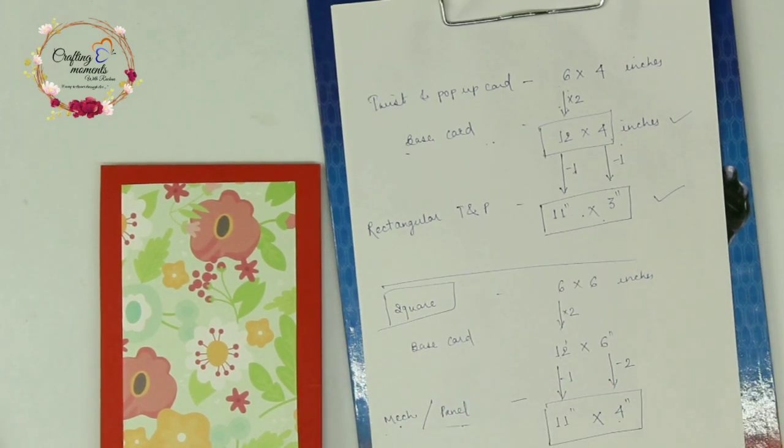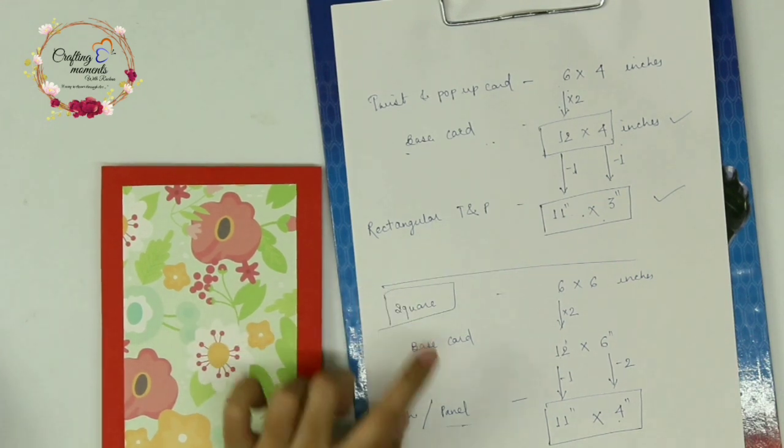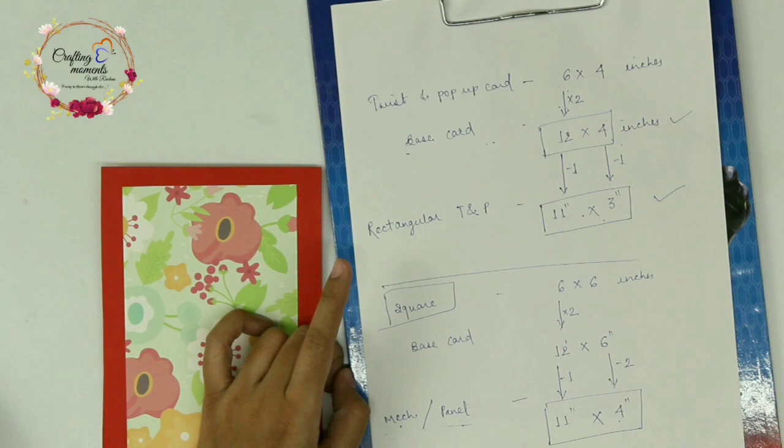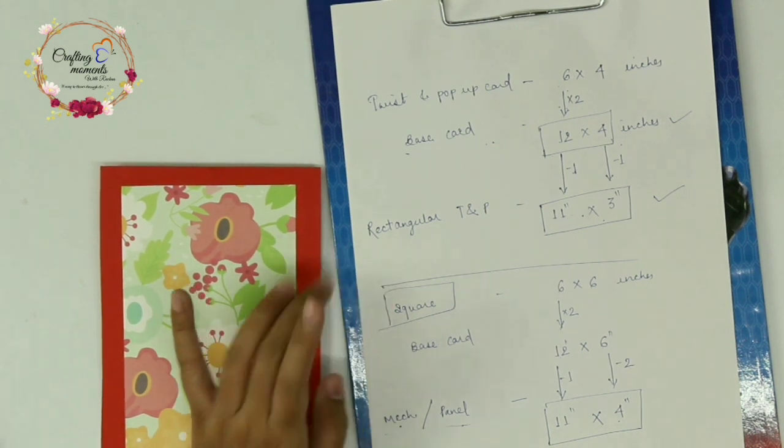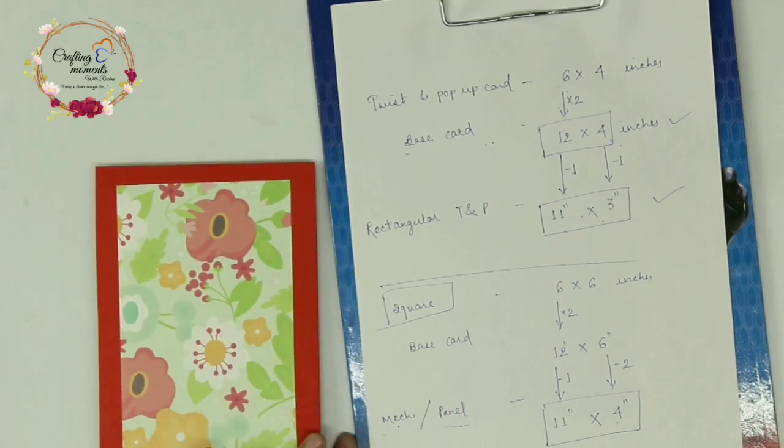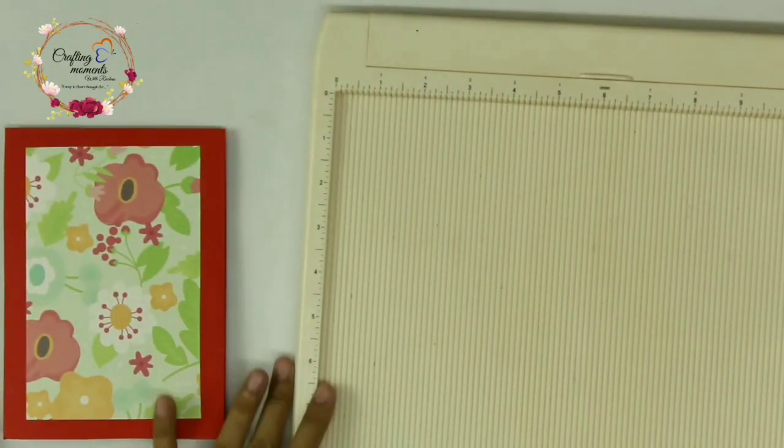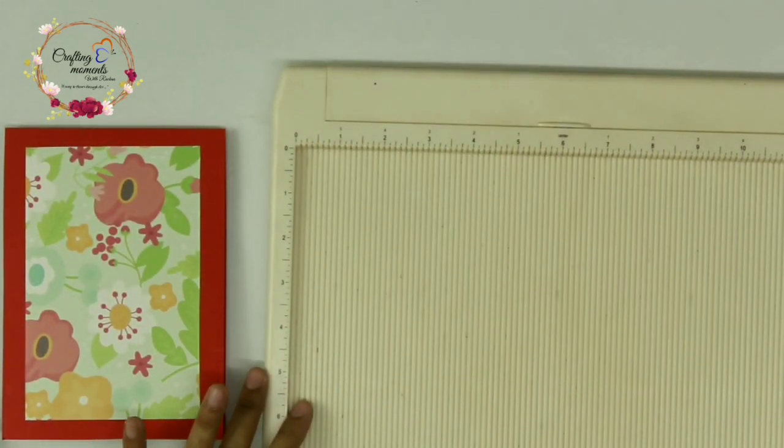So this was the simple rule of subtraction by which you will get the pieces of cardstock for making the base card, mechanism part and the panel part. For the purpose of the video I have already cut all the pieces of cardstock for the same size that we have decided, 6 by 4 inches.